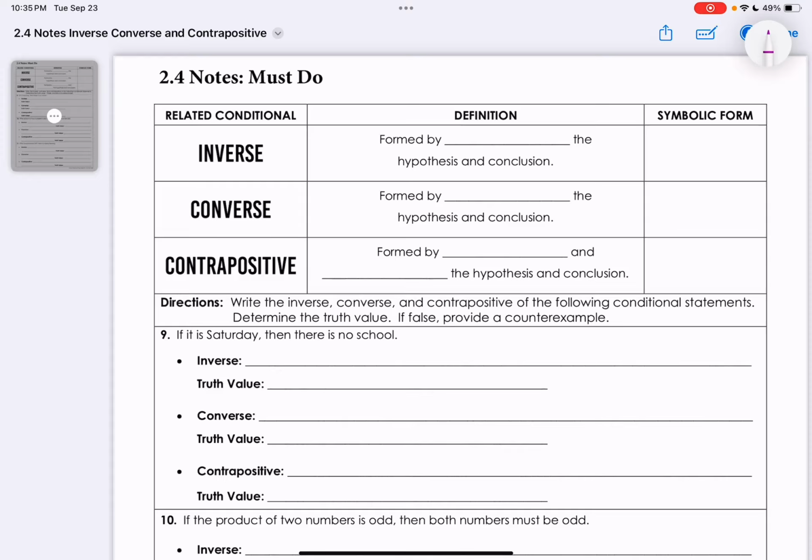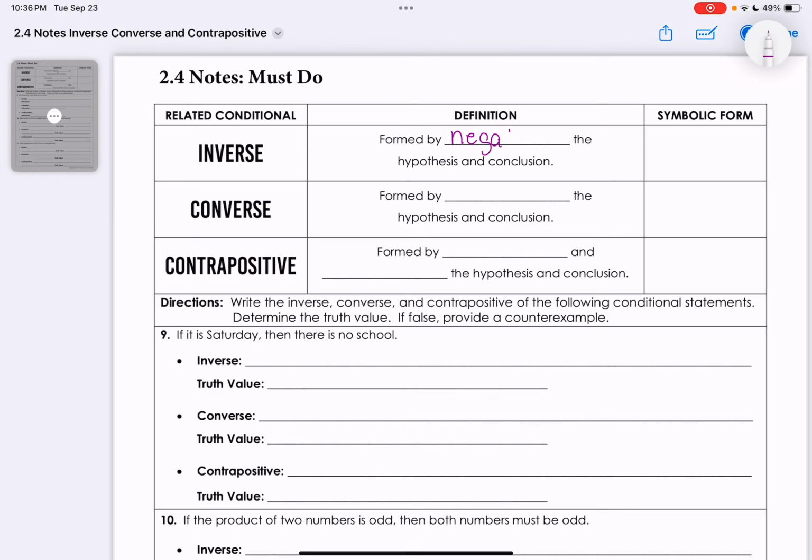In 2.4, we talk about conditionals that are related to each other. So remember, a conditional is just an if-then statement. So we have our if this, then that. Now we're going to talk about the inverse, where we negate.